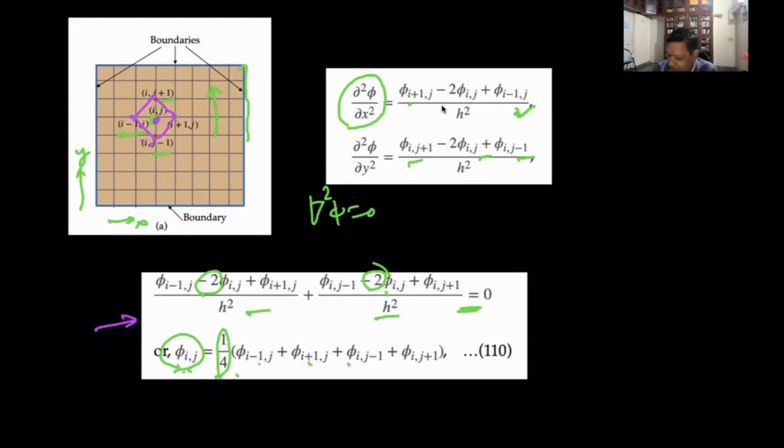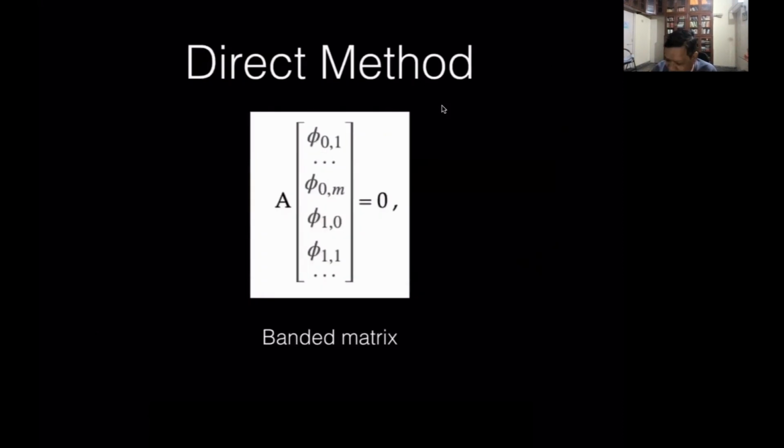So I can write an equation for this. Laplacian phi equal to 0. If you look at that equation, phi i comma j was a function of i minus 1, j, i plus 1, j, and so on.